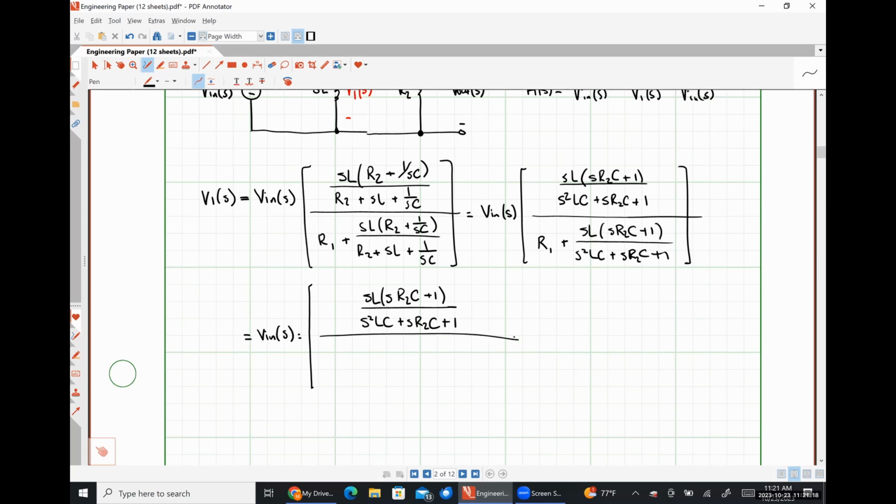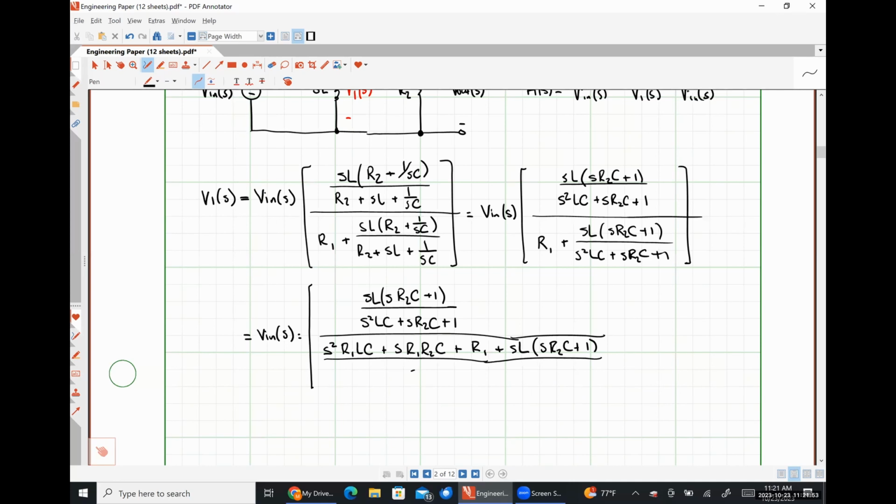Then I'm going to have S squared times R1 LC plus S times R1 R2C plus R1, all divided by, oh, sorry, I need to keep this going, plus SL times (SR2C plus 1).